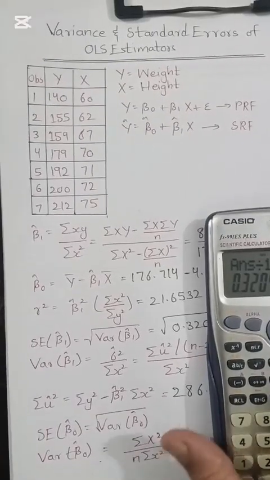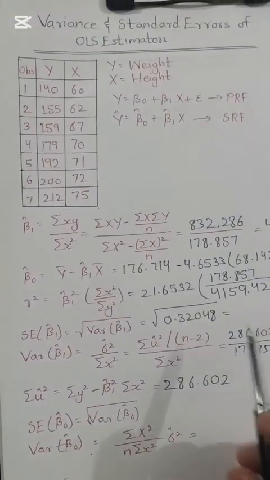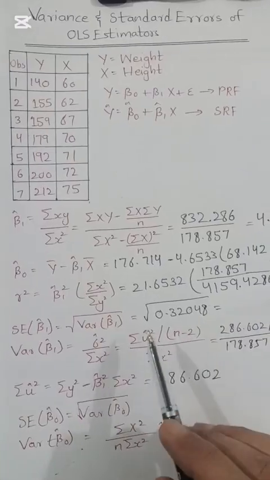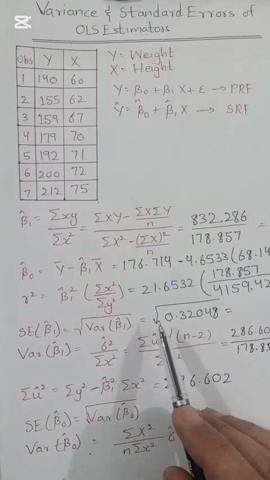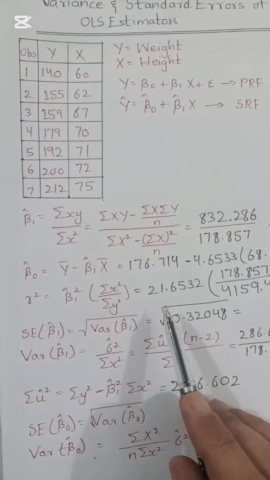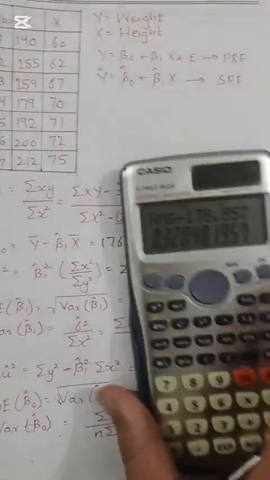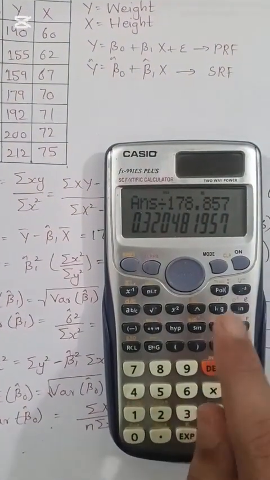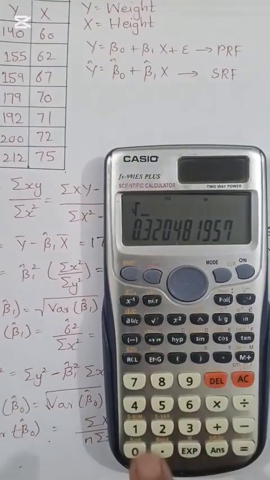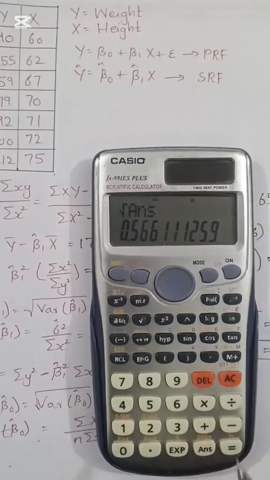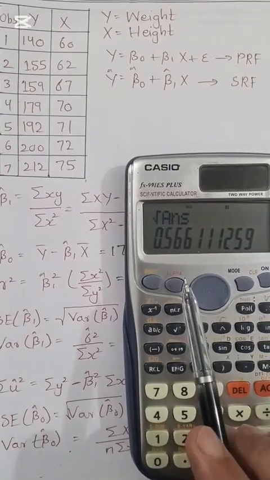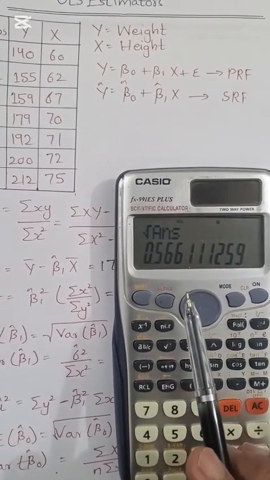So I have found the variance of beta 1 hat, which is 0.32048. Then I take the square root of this: press the square root and then press equal, and you will get the standard error, which is 0.566.